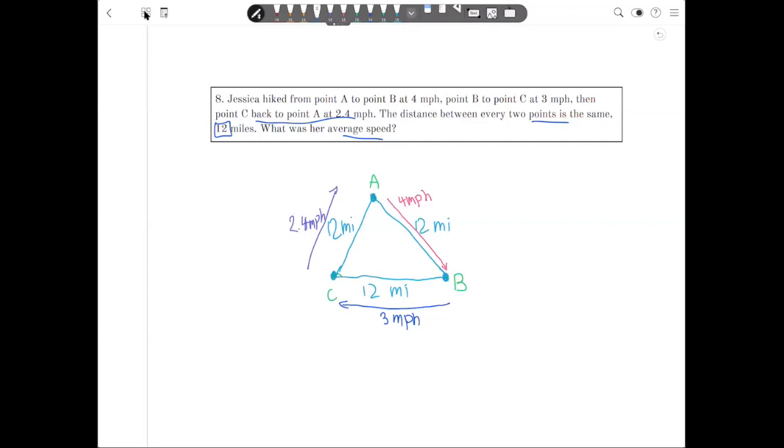Yeah. So some of you said that's going to be 36. So 12 miles times 3, because it goes from A to B, B to C, and C to A. So 3 of these paths, because it's a triangle, so 36 miles.